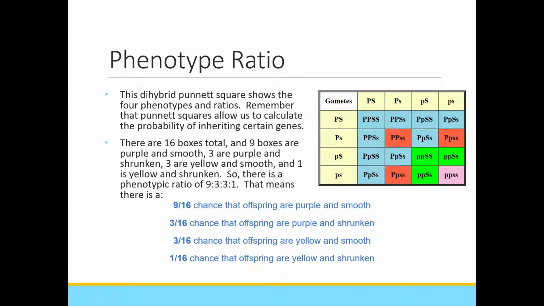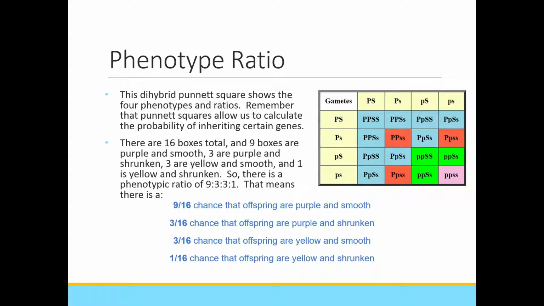So a dihybrid Punnett square can allow us to determine the probability of inheriting certain genes. So with a Punnett square like this, we can predict what the genotypes would be like in the offspring.